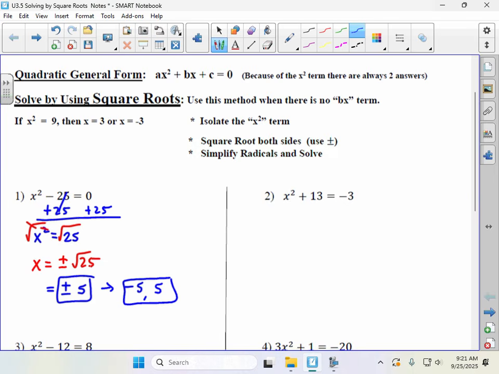All right, number 2, x squared plus 13 equals negative 3. We subtract that 13 over. Again, we're trying to get that x squared term by itself. So we get x squared equals negative 16. Again, we'll square root both sides. The left side is just x, and the right side is plus or minus the square root of negative 16. Now we simplify this radical if we can.